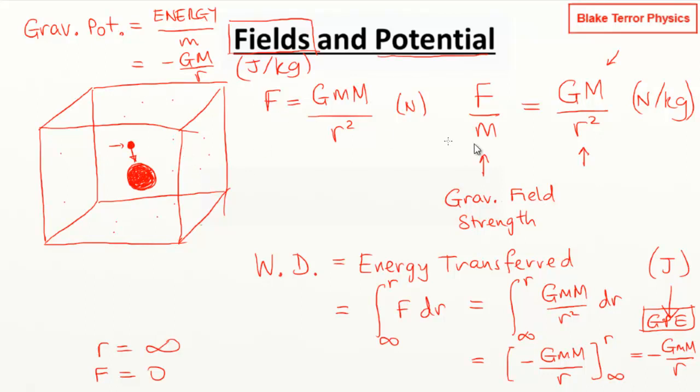Then we're looking at force fields, which is our gravitational field strength. That is our force field. And then we're looking at energy fields, which is our gravitational potential. So they're the things you want to take out of this: what a field is, and then we've got a force field and we've got an energy field. And we're just looking at how those two things change in space.